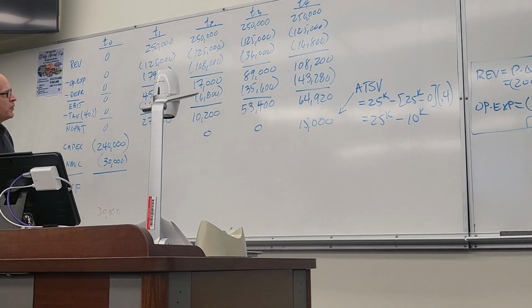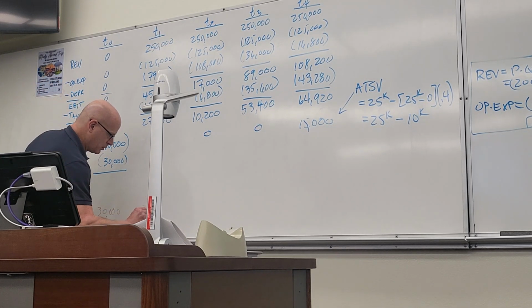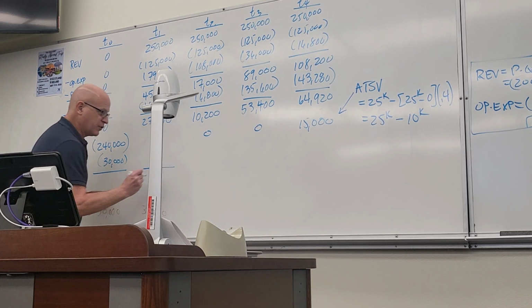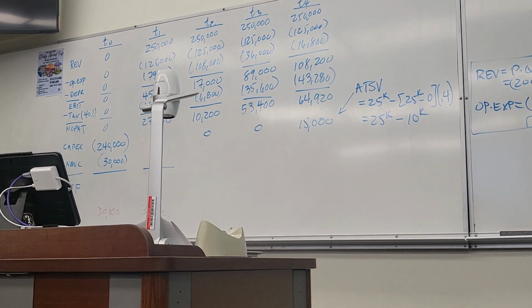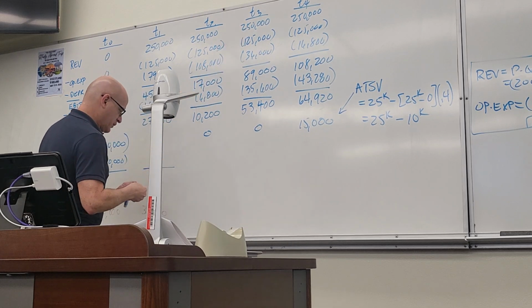What's our NOWC going to be in year 1? It's going to be 12% of that, which is going to be another 30,000. What's the change? 0. So that means our investment in working capital, or the increase here, is 0. No increase in working capital. Right? In other words, you might have to compute working capital each year and see how much is changing, and that's what goes in, is the change. Let's see, 12% of that number is 30,000.